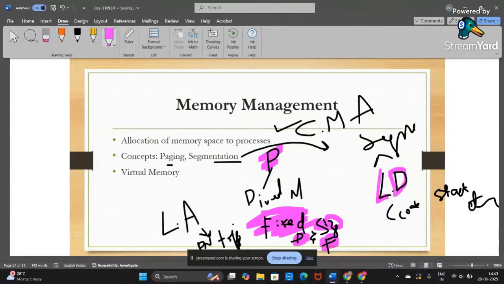What are logical divisions? Code, stack. Based on that, they divide the memory. And the logical address of paging will be page number plus offset.